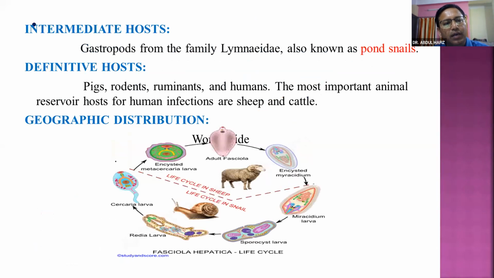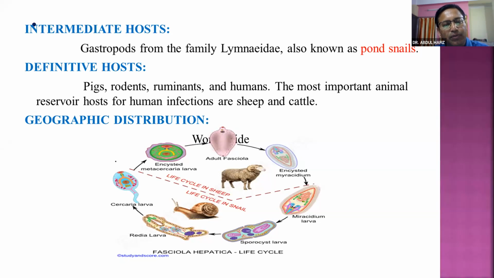The intermediate hosts are lymnaeid or pond snails. The definitive hosts, as everybody knows, are pig, rodent, ruminants, and even human. The geographic distribution is worldwide.